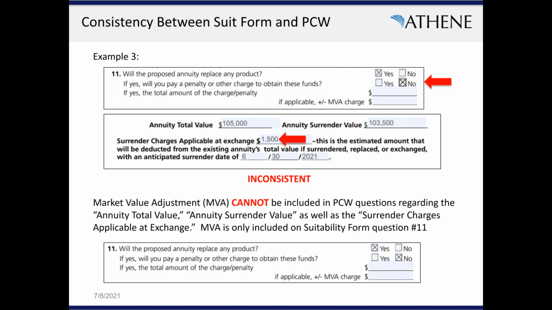It's always going to take a couple of days, whether it's 2 days, 10 days, whatever it is, for us to get the money, get it issued, get it reviewed. So the date of surrender on this question and product comparison worksheet question 1, where it asks for the estimated issue date of the Athene contract, would not be able to be the same. The key is that neither this date or question 1 can be prior to the application date.